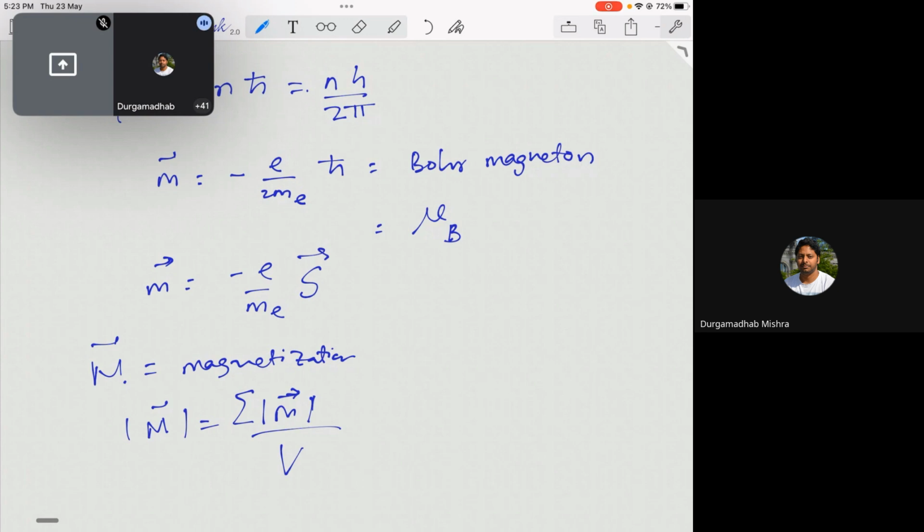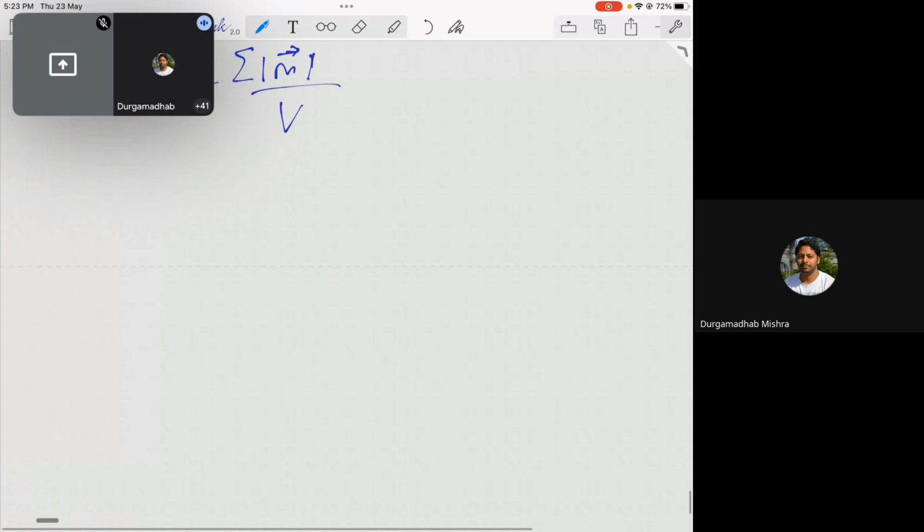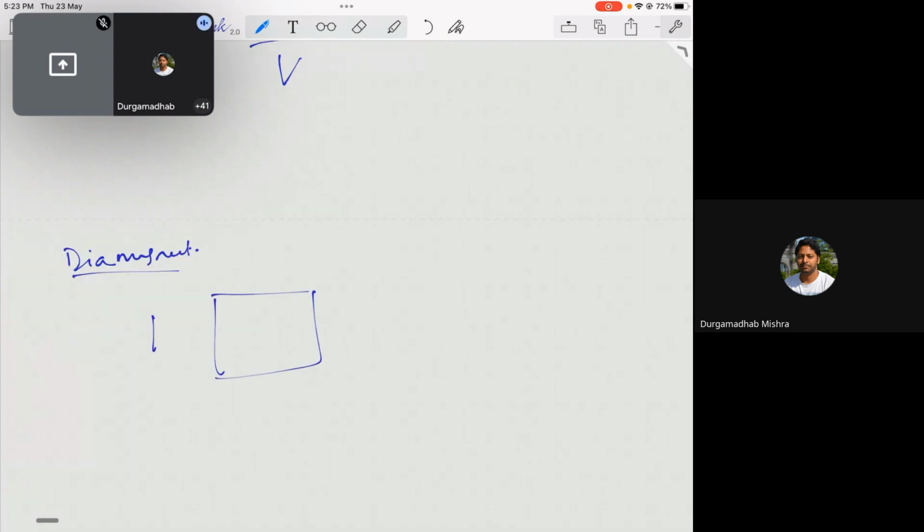Diamagnetism, as I said, means that if I take a material and apply a magnetic field B, I will induce these dipoles, these tiny magnetic moments M. They will be induced opposite to the magnetic field B, so they are trying to oppose the field that is responsible for them. This is similar to Lenz's law in classical physics.